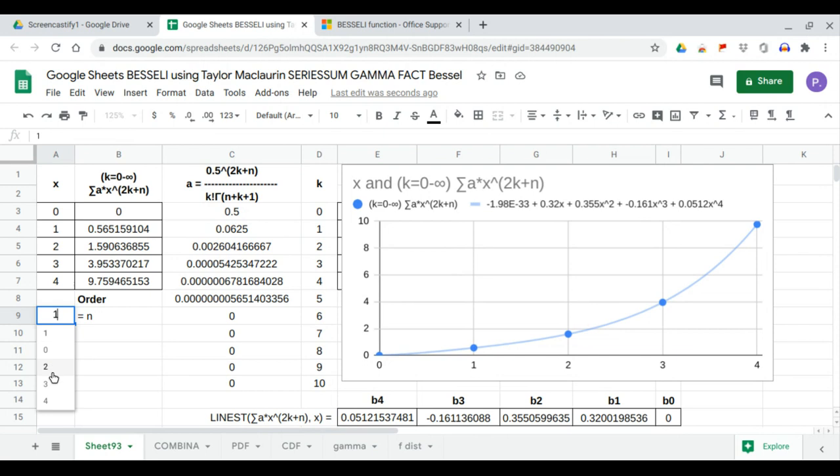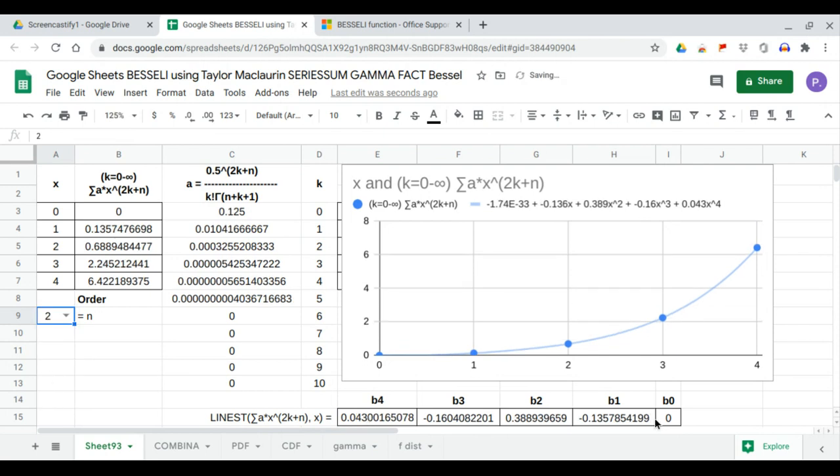The second order: B0 is negative 1.74 times 10 to the minus 33, that's 0. B1 is negative 0.136, B2 is 0.389, B3 is negative 0.16, and B4 is 0.043.